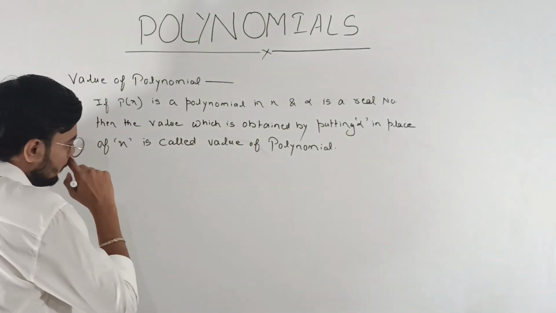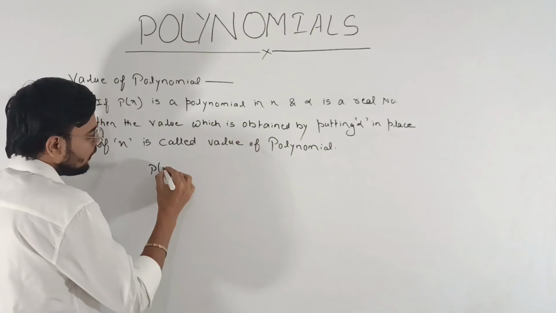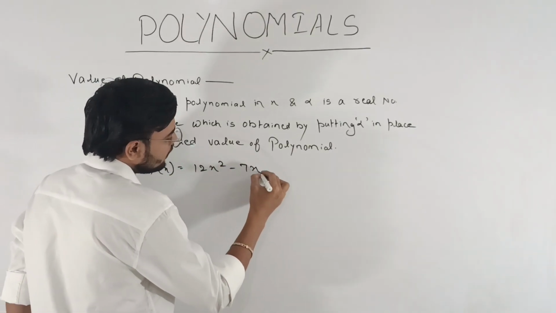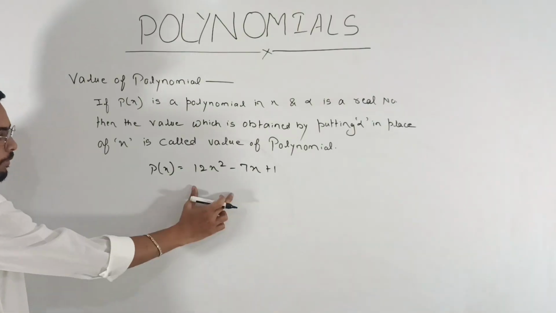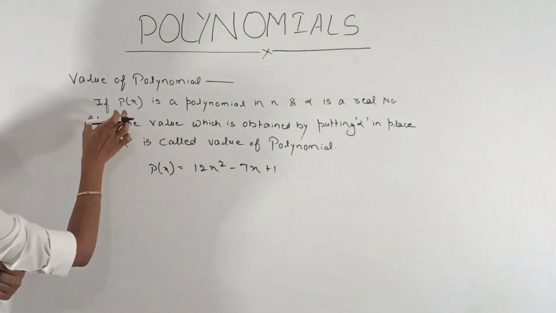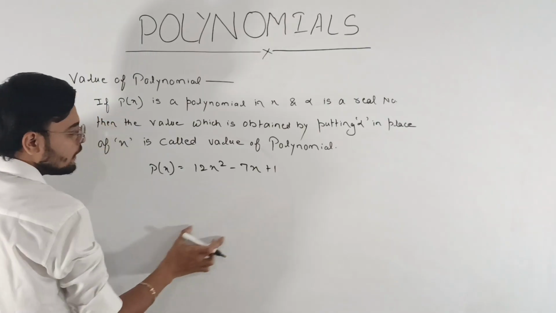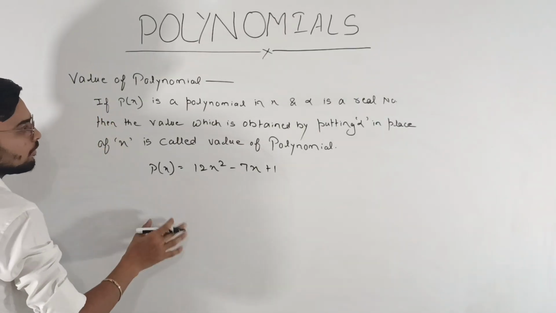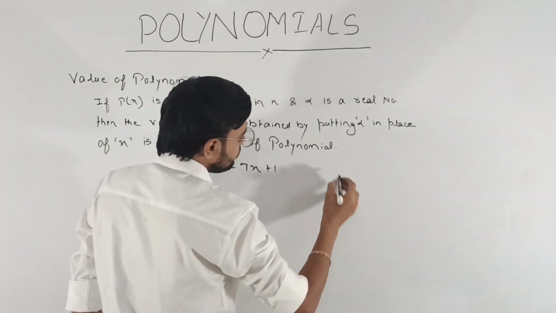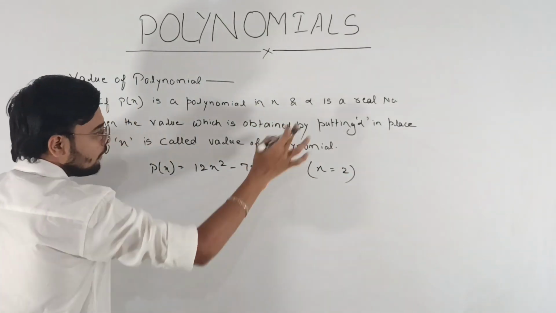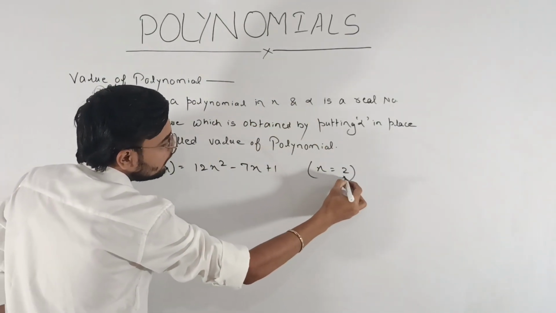Now look, we take one example. Suppose you have the polynomial p(x) = 12x square minus 7x plus 1. Now this is a polynomial. Okay, now read the definition. If p(x) is a polynomial in x, and suppose you are given x = 2. Alpha is a real number, this is alpha, 2 is a real number.